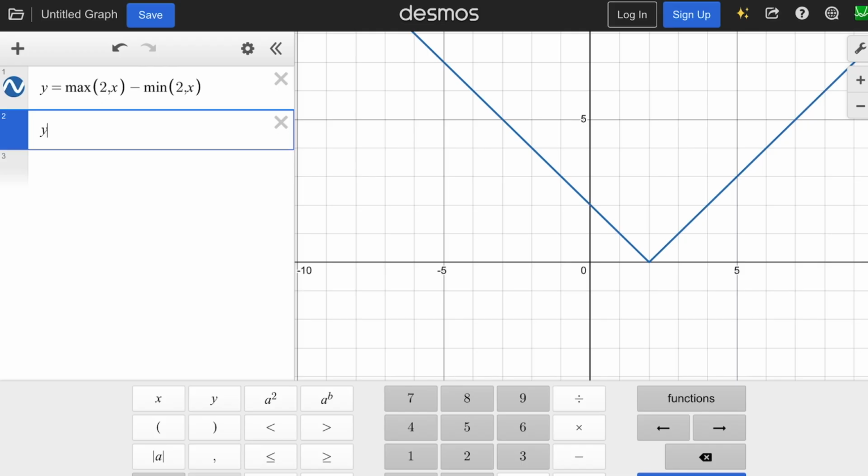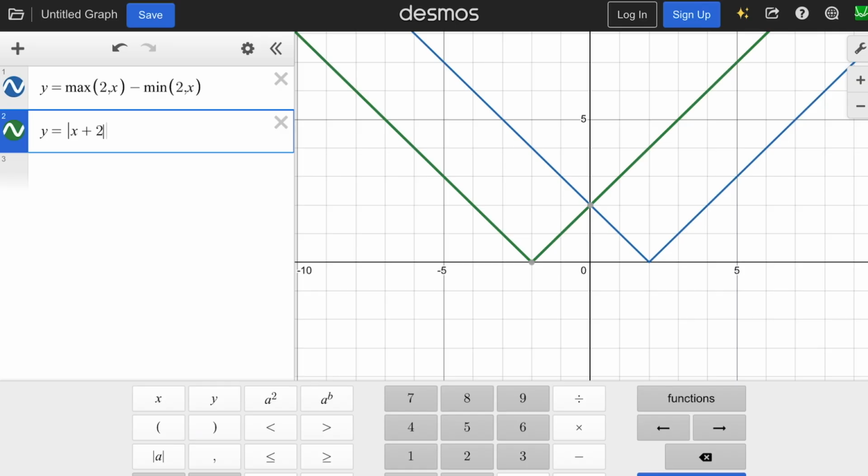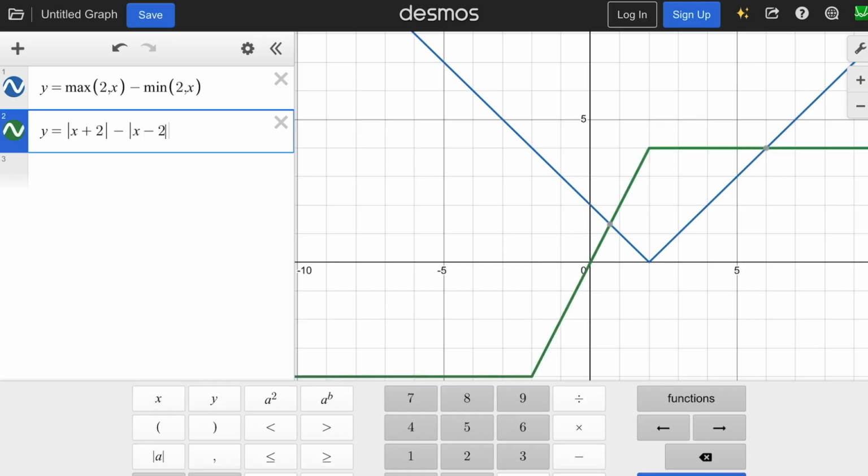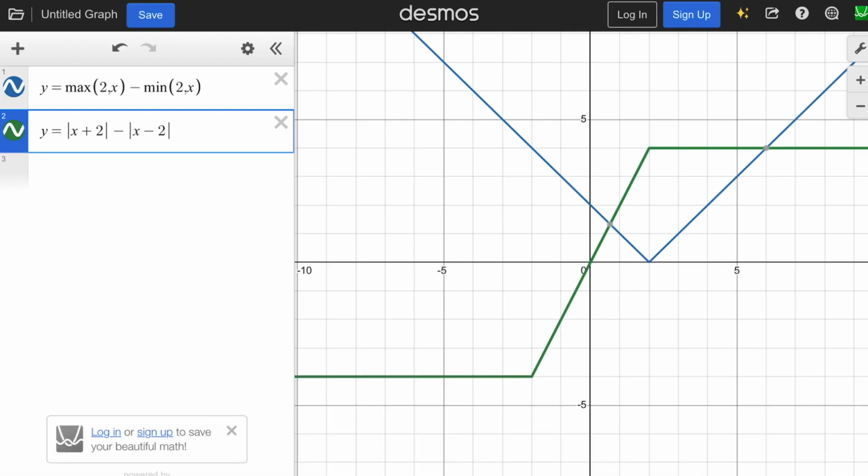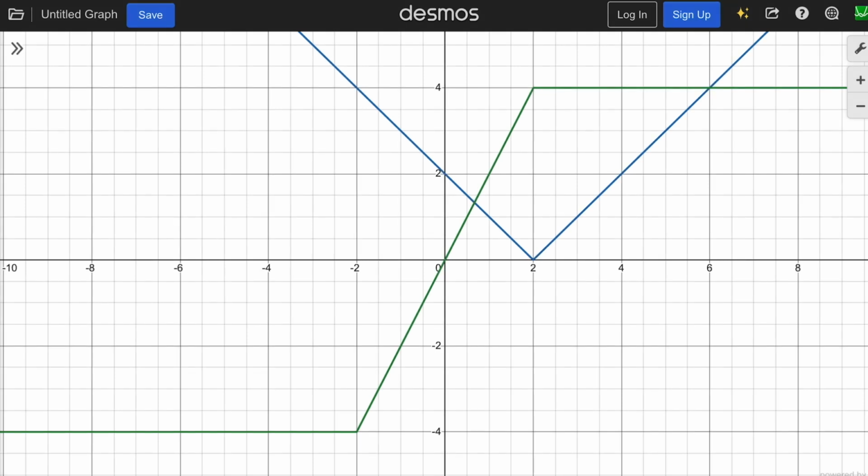So we are on the right track. Next, y is equal to mod of x plus 2 minus mod of x minus 2. Right? This is exactly what we have. We have seen 2 points of intersection, and these are your 2 points of intersection. And thereby your answer is there are exactly 2 distinct solutions to the given equation.